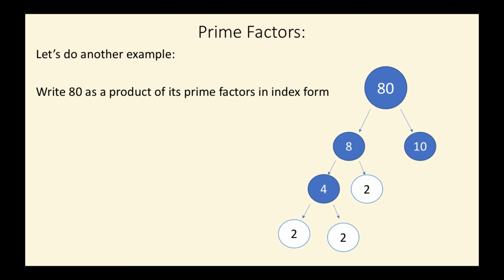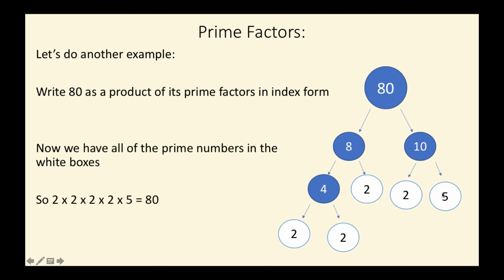So don't forget our 10, that's not as small as it needs to be yet, so let's divide that by 2, giving us 2 and 5. And both of those are prime factors. So we now have 1, 2, 3, 4 2's, and 1 5. So 2 times 2 times 2 times 2 times 5 equals 80.